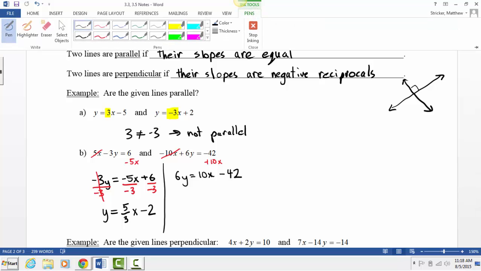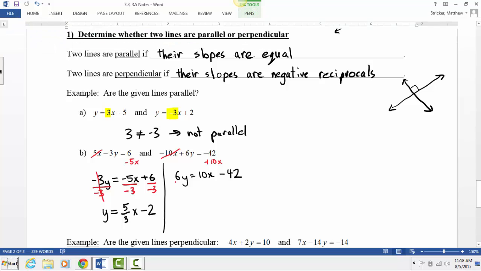Moving to the next example, we have to divide everything by 6 here to get y by itself, which gives us y equals 10 over 6. Well, that does reduce to 5 over 3x, and 42 over 6 is 7. It's going to be a negative 7.